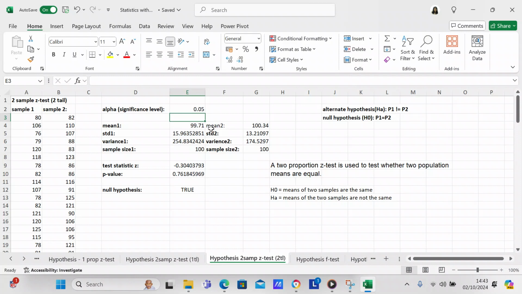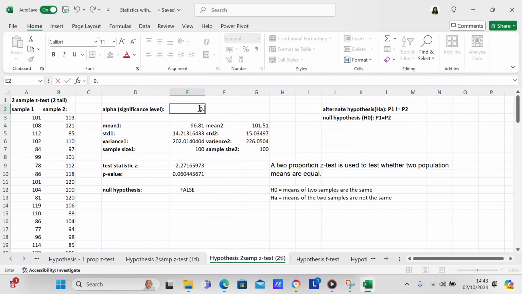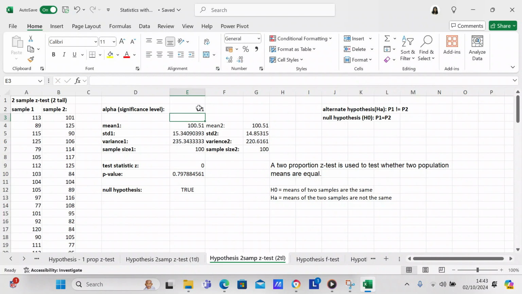But if you want it to be more difficult for the null hypothesis to be accepted, then you make it 0.5, and we've got a false, because that's making it more difficult for the null hypothesis to be accepted. So then it will have to take the alternate hypothesis. But we'll just make it 0.1, because it can be anything you want it to be, and we're just trying it out.